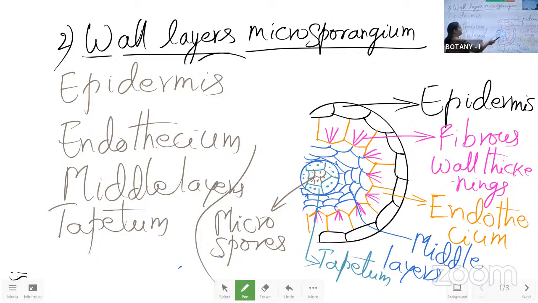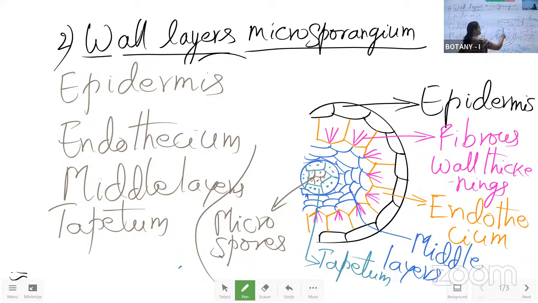Now comes the second wall layer, that is the endothecium. What we have to write: endothecium is the second wall layer, which is made up of a single layer. The endothecial cells are simple parenchymatous hexagonal shaped, placed without intercellular spaces.